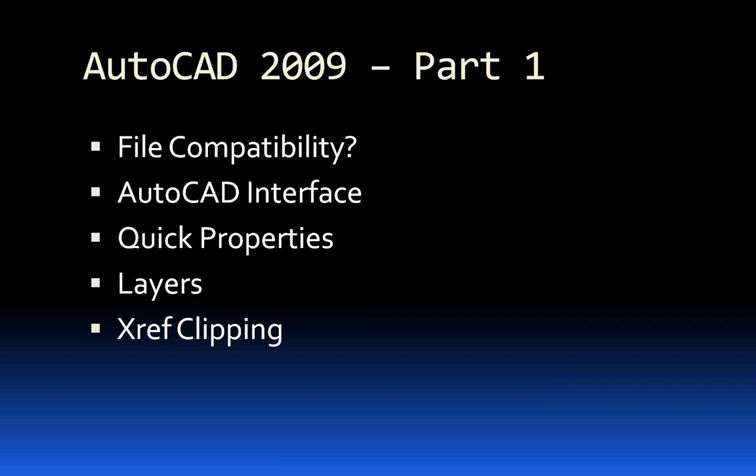And I finished up last week with the new invert option of XREF clipping, which lets you clip a hole in an XREF to display an area outside a boundary as opposed to inside the clip boundary. So that's what we did last week.